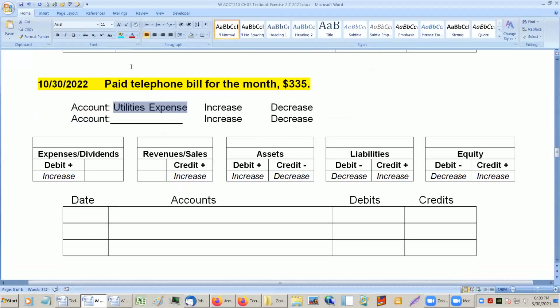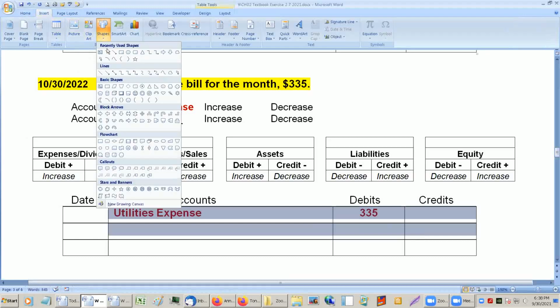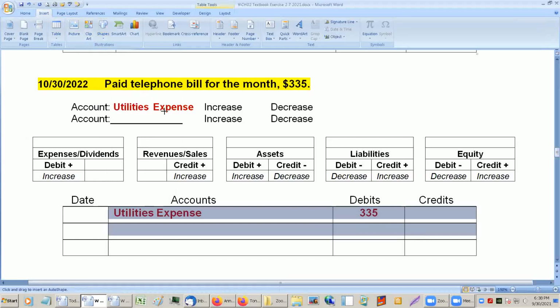Again, we could stop right here if we wanted to. If it's an expense, it's going to be a debit. I'm going to jump through the other hoops anyways, just because I like jumping through hoops. But you do not have to. If it's an expense, it's going to be a debit.